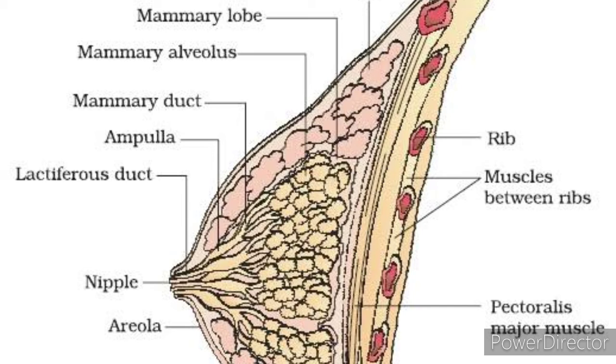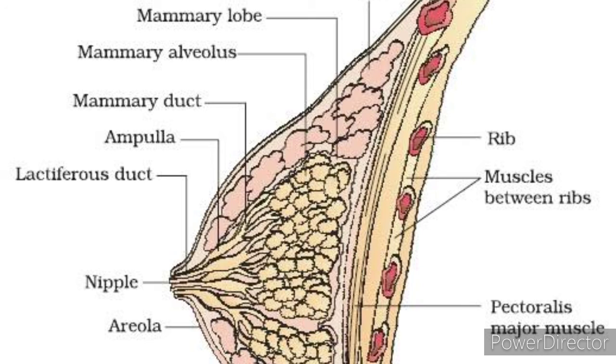The alveoli open into the mammary tubules, and these mammary tubules join to form a mammary duct, and several mammary ducts join to form a wider mammary ampulla, which is connected to the lactiferous duct through which the milk is sucked out.